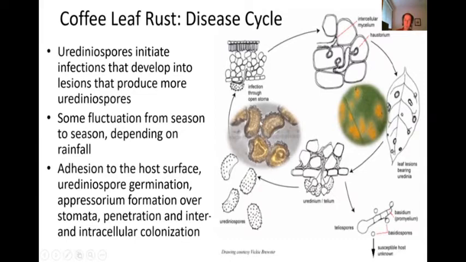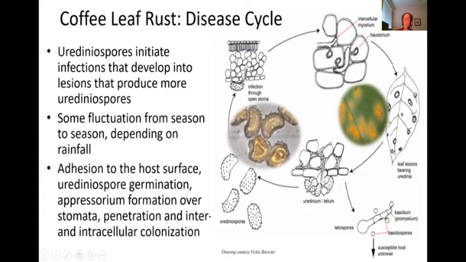So it starts as a urediniospore. It colonizes, it produces lesions, which produces more urediniospores, which are erupting out of the stomate. So this is different than other rusts. There's no pustule involved.